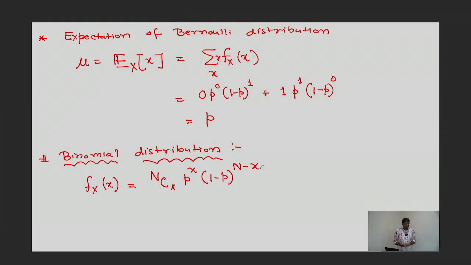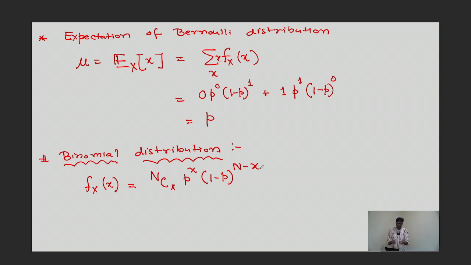Then if you solve the limiting case, specifically n tending to infinity is actually enough, you will end up with, does anyone know what distribution it will become? Poisson's distribution. So Poisson's distribution is a limiting case of the binomial distribution.